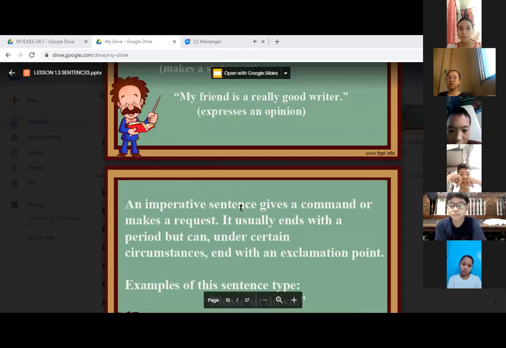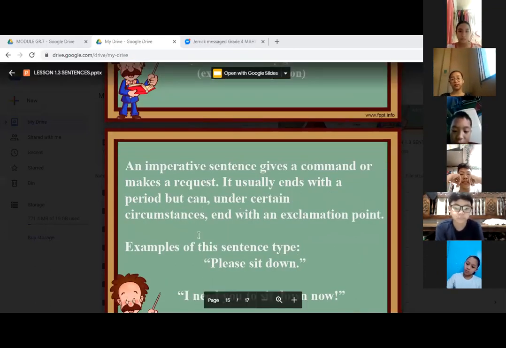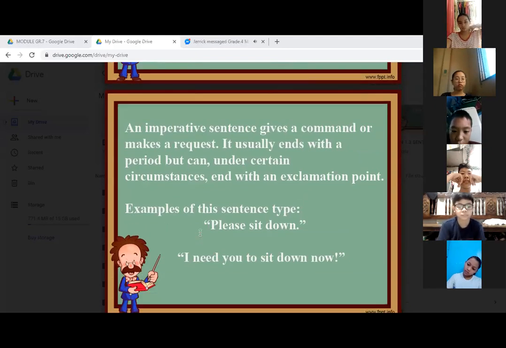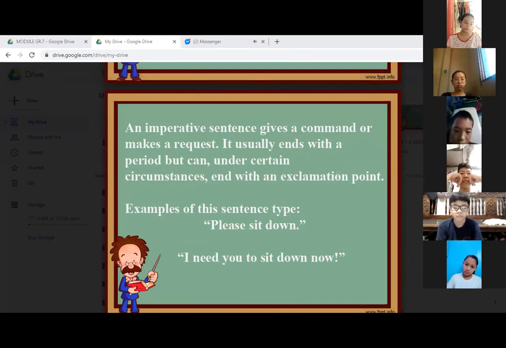An imperative sentence gives a command or makes a request. So, the difference between declarative and imperative is that declarative is you are just stating your opinion and statement, while the imperative is making a command. Okay, parang ganito lang yan.